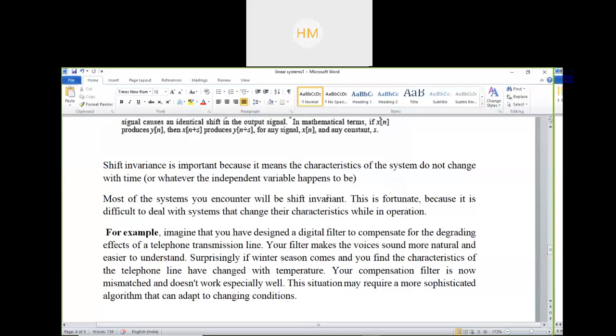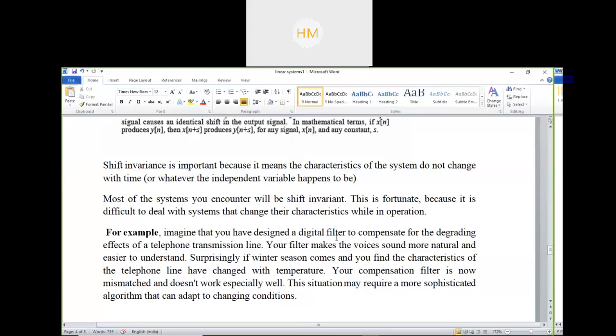So shift invariance is a very important property, and most of the systems possess this property. So this is a very good example given over here.